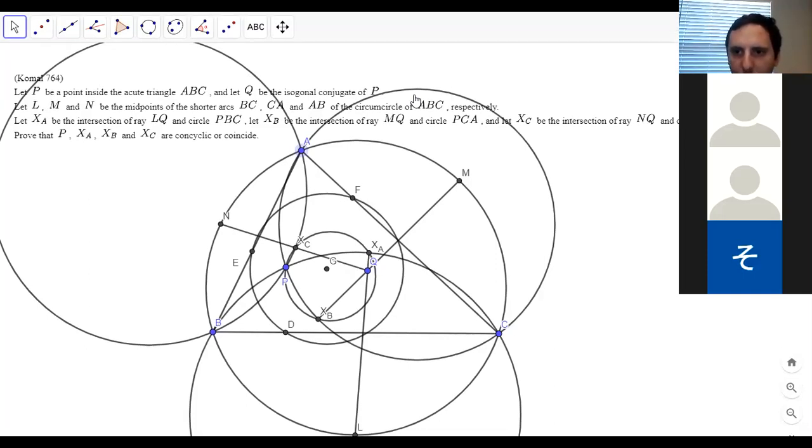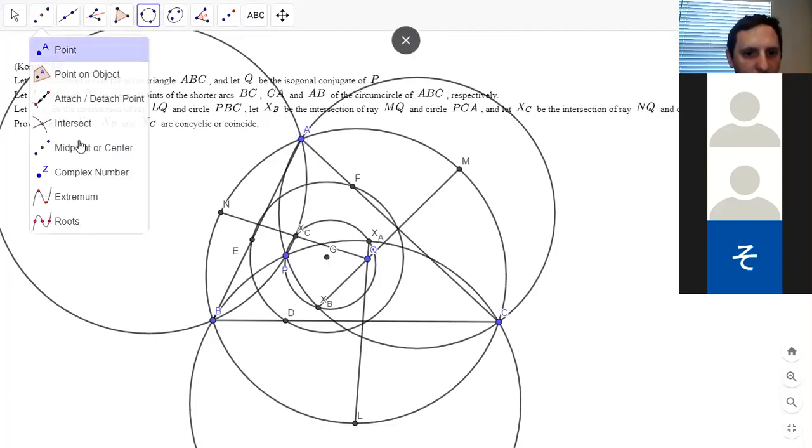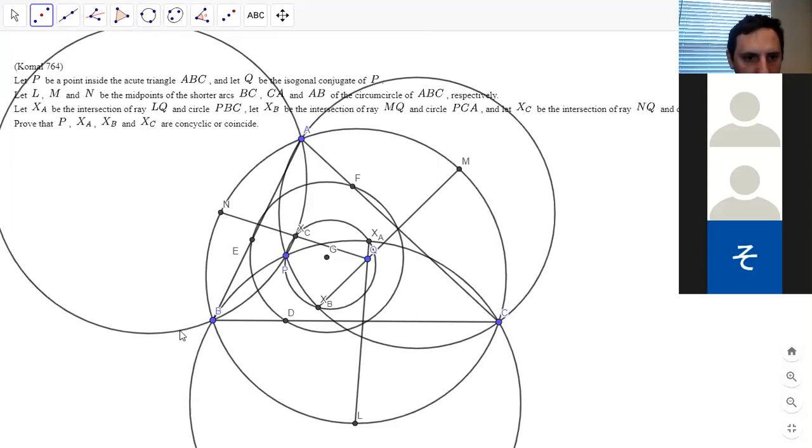The circumcenters of, let's see. Oh no, that's not right.